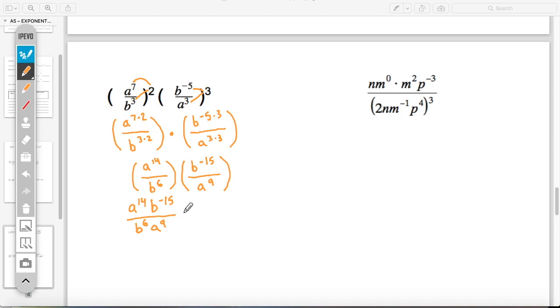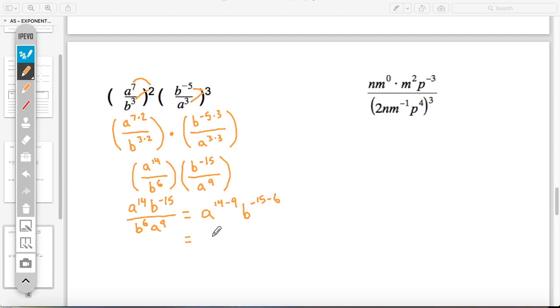So, using my quotient rule, this equals, I'll focus on my a's first. So I have a to the 14 minus 9 times b to the negative 15 minus 6. Okay, so here, just some simple math.